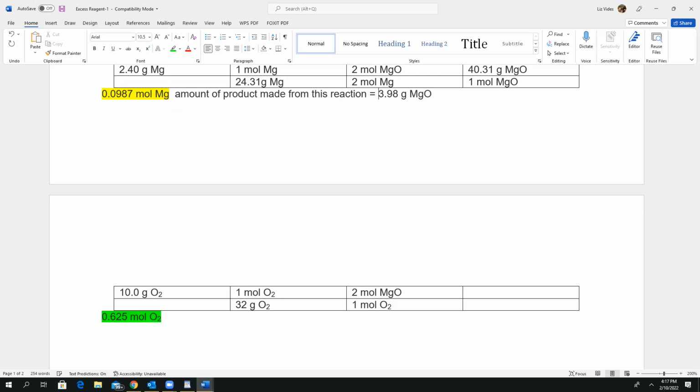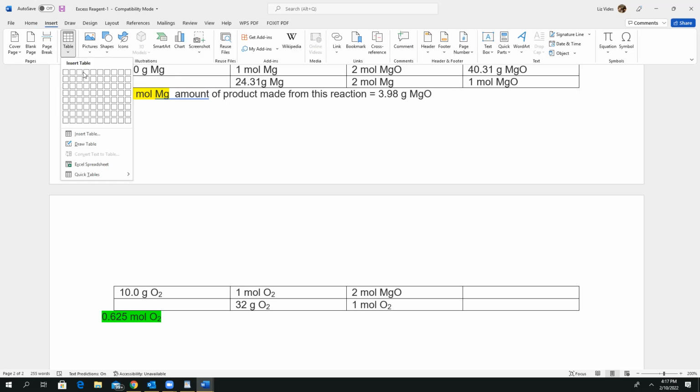Okay, there you go. All right, so now the next part is, you have two choices. You can either take the amount that you made and go back to oxygen, or you can start with the magnesium and figure out how much oxygen you're going to use. That makes sense? All right, so which one do you want to do? The one we just found out, or both? Actually, we can do both too.